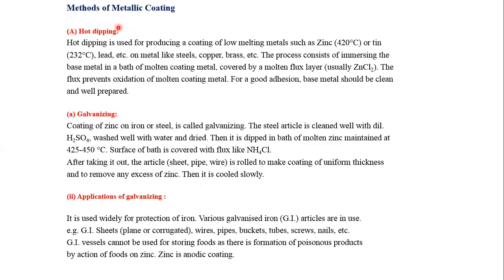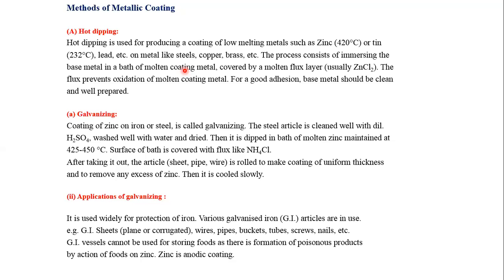Now you see the first method of metallic coating, that is the hot dipping process. What is meant by the hot dipping process? In the hot dipping process, we use a low melting metal like zinc, lead or tin, and this coating is applied on a metal surface like steel, copper or brass.